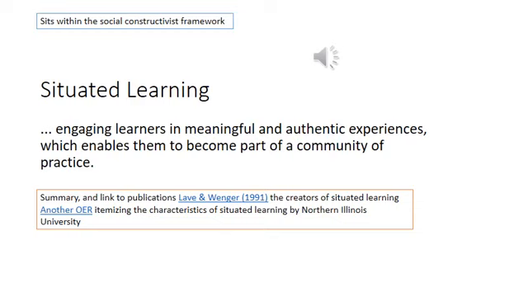So Lave and Wenger, who developed that model, may disagree with me and propose that this is a theory they have developed during the analysis of research data and reflection on it and so on. So to me, it is a model, or in our specific situation, I would see it more as a model because it has a very specific remit of saying it engages learners in meaningful and authentic experiences which enable them to become a part of a community of practice.